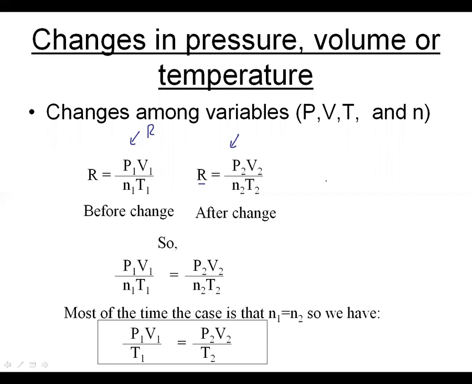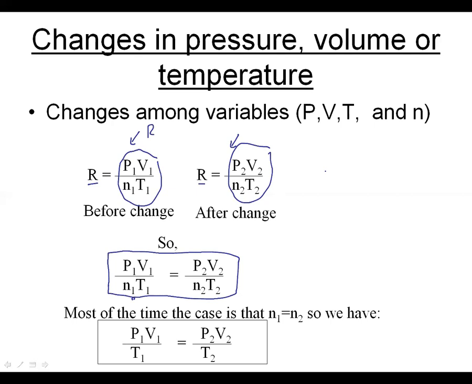So we could take this entire thing and put it equal to this entire thing, which is where we get to down here. But in most cases, when you're dealing with a gas, if you don't open up the top, gas molecules have nowhere to go. So usually, the moles at the beginning and the moles at the end are the same.